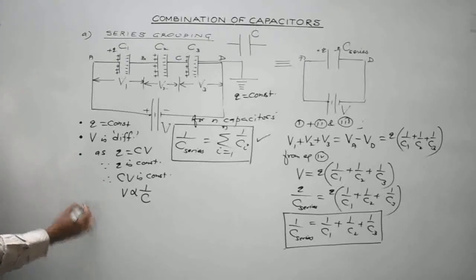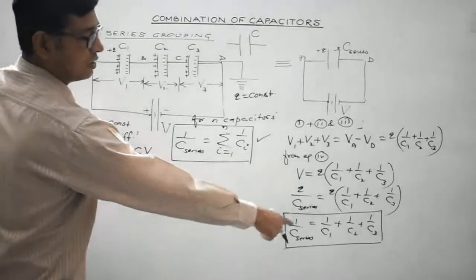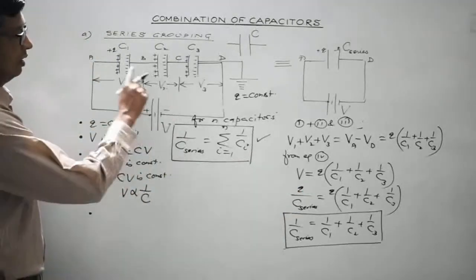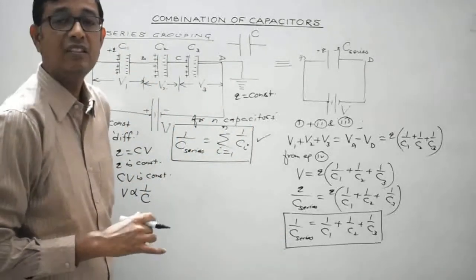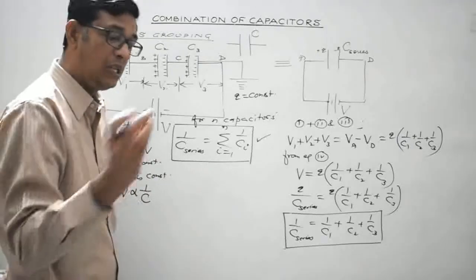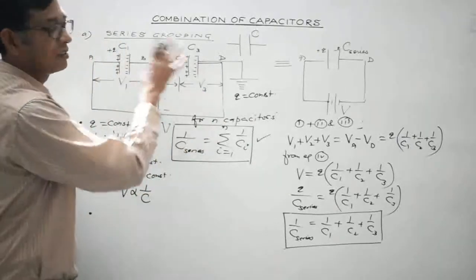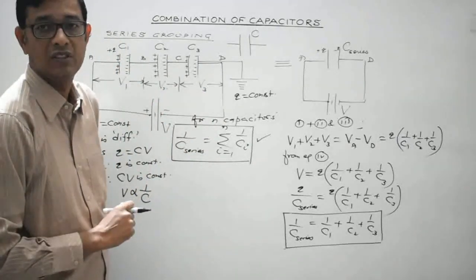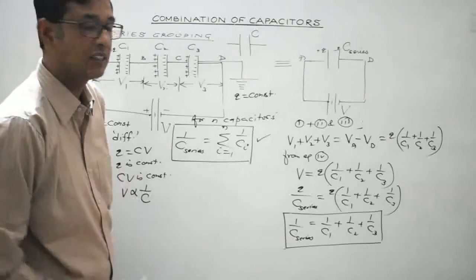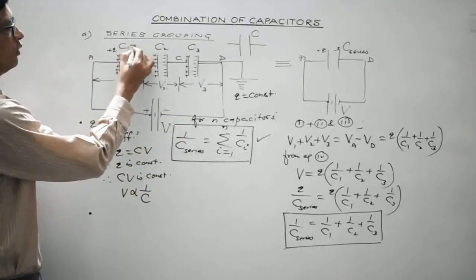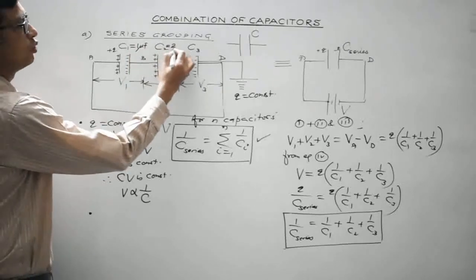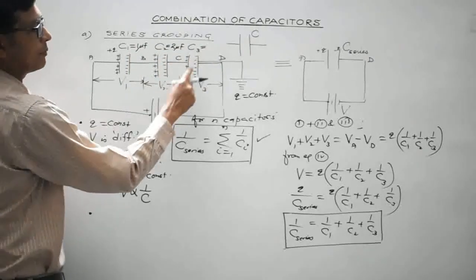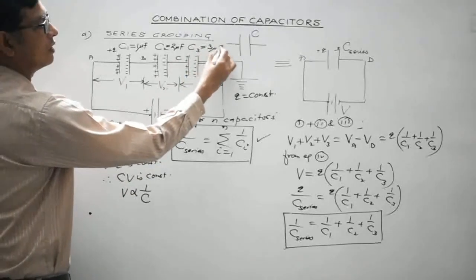And lastly, you can well observe the resultant capacitance of the series grouping is less than the minimum of the given values of capacitance of the individual capacitors. Suppose the value of this capacitance is 1 microfarad, this one is 2 microfarad, and this capacitor is 3 microfarad.